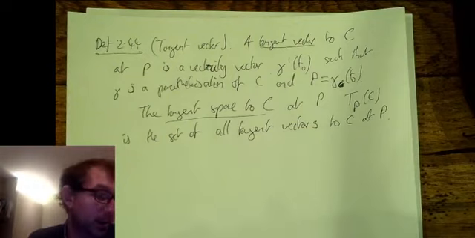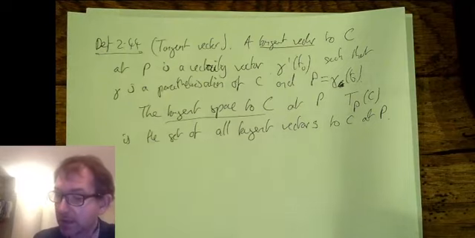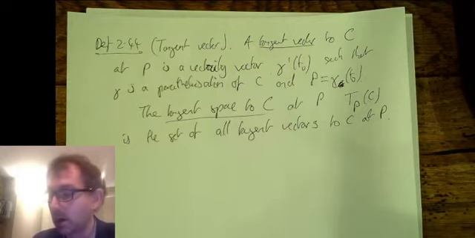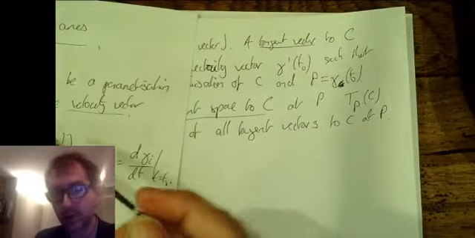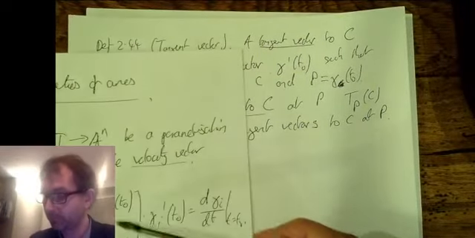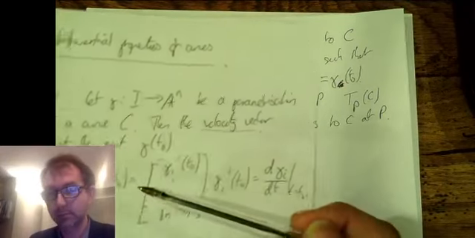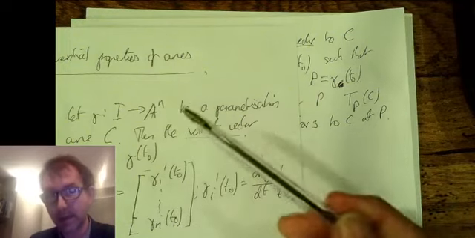It is clear that we are getting vectors based at P which are in the ambient n-dimensional space, because when you calculate a velocity vector like this, you do indeed get something which is in A^n.